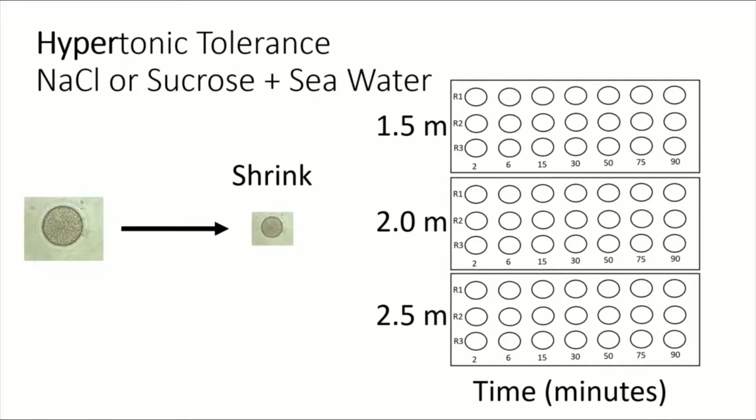We used the same experimental design to test shrinking damage throughout time. However, instead of diluting seawater, we added NaCl or sucrose to achieve the desired osmolality. Again, after the set amount of exposure time, the cells would be returned to isotonic seawater and later fertilized along with the control.